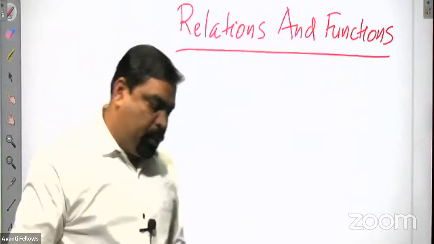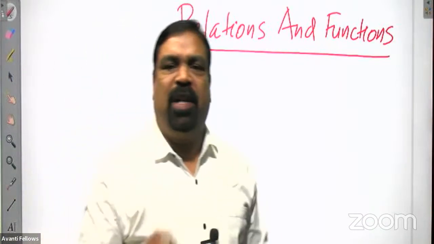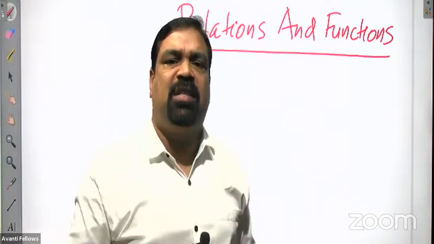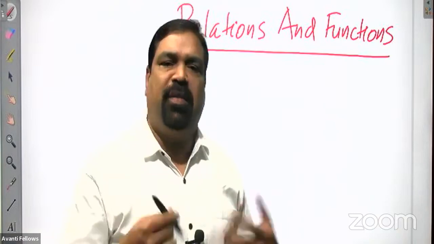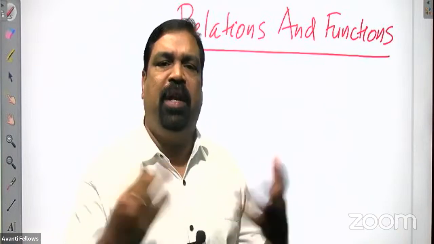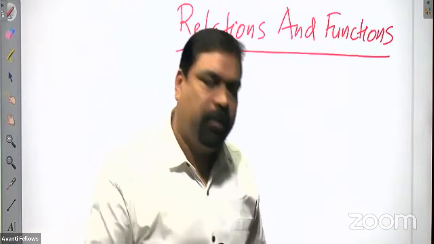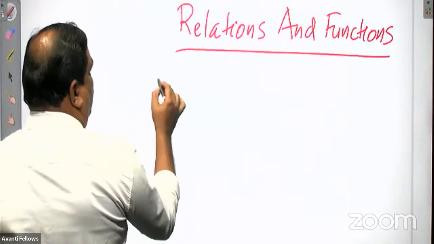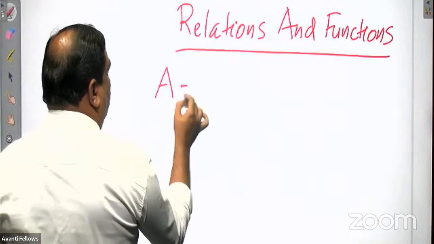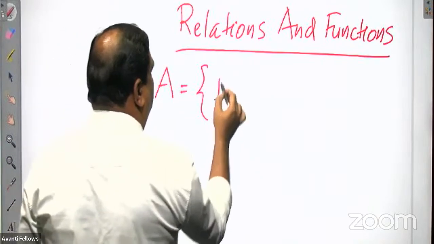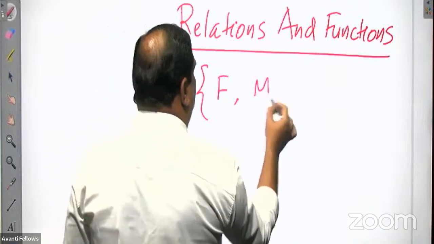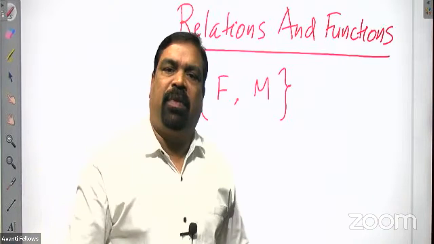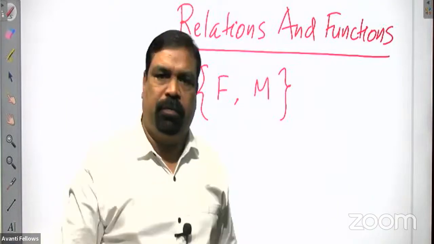So in this chapter, actually, there are two topics. One is relation, another is function. And both of these concepts you have studied in your class 11th also, the basic concepts. Everybody knows what is a relation. Suppose we have a set A. Set A contains father and mother.